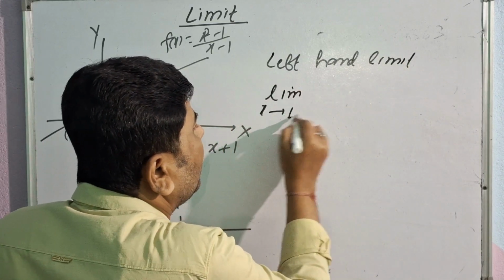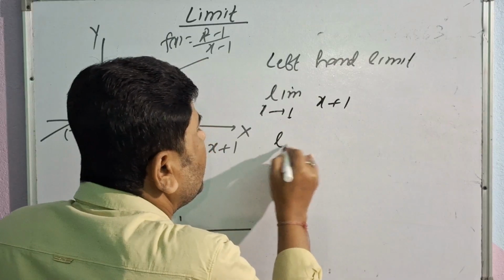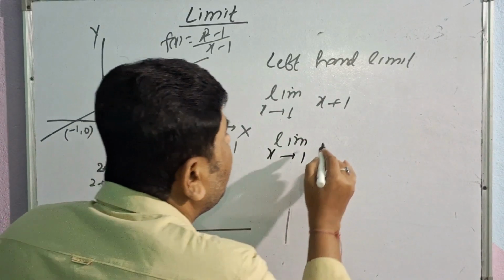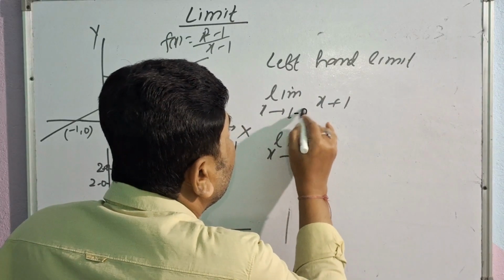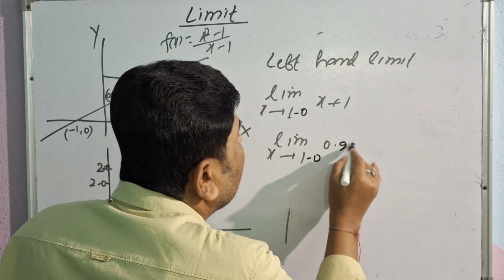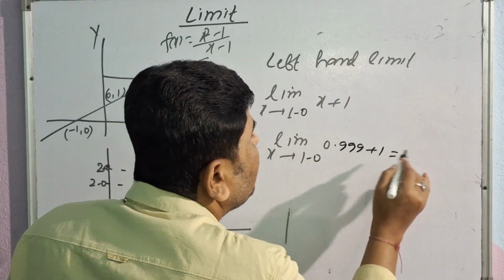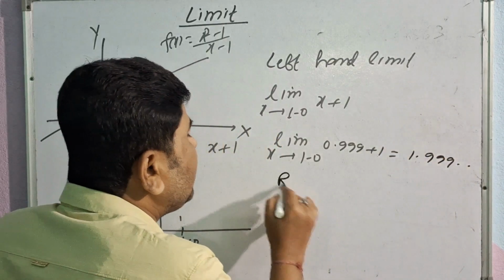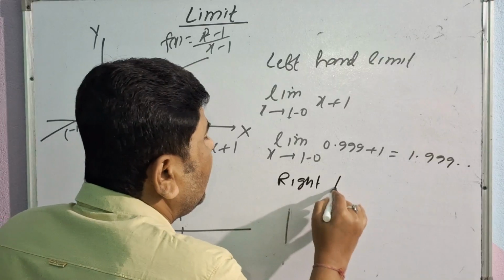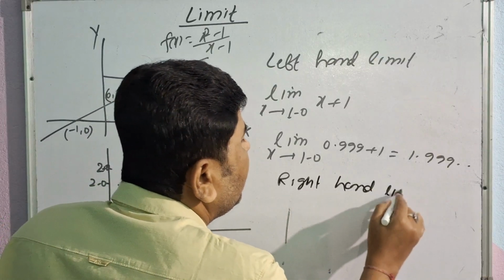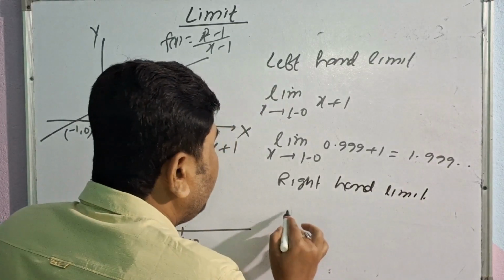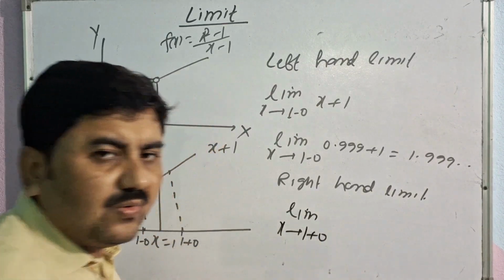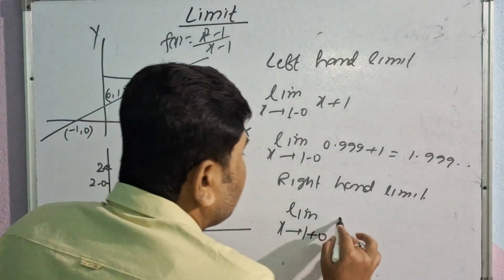As left hand limit, LHL, x tends to 1 minus 0, x plus 1, means 0.99991 plus 1 equal to 1.9999 and so on. Right hand limit, RHL, x tends to 1 plus 0, x plus 1.